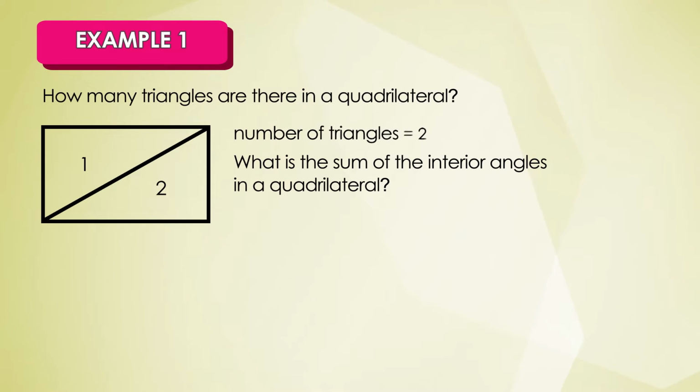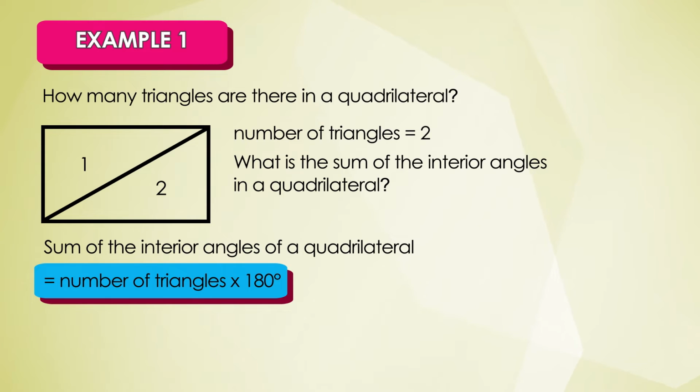That's right. Next, we just multiply the number of triangles, which is also the number of sides of the polygon minus 2, with 180 degrees. And the answer will be 360 degrees. The sum of the interior angles of the quadrilateral is 360 degrees.